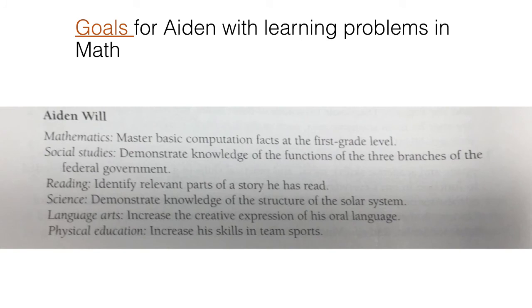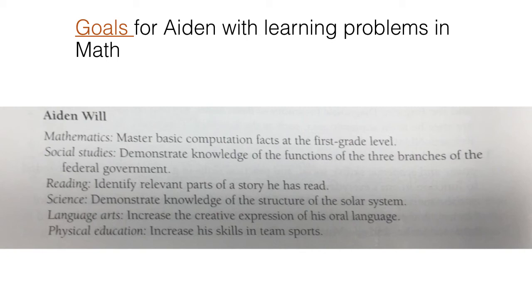So generally, goals are described broadly. For example, in mathematics, you can say Aiden will master basic computation facts at the first grade level. You can tell it's very broad, it's not very measurable, right?